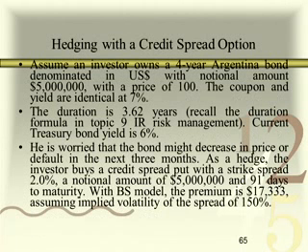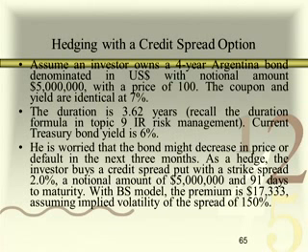The duration is 3.62 years. Remember when we talked about duration? The current Treasury bond yield is 6%. The person that owns this is worried that the bond might decrease in price or default in the next 3 months, which a lot did in Argentina.